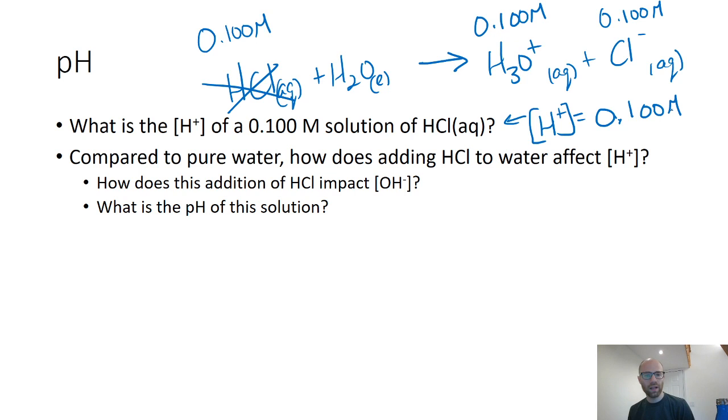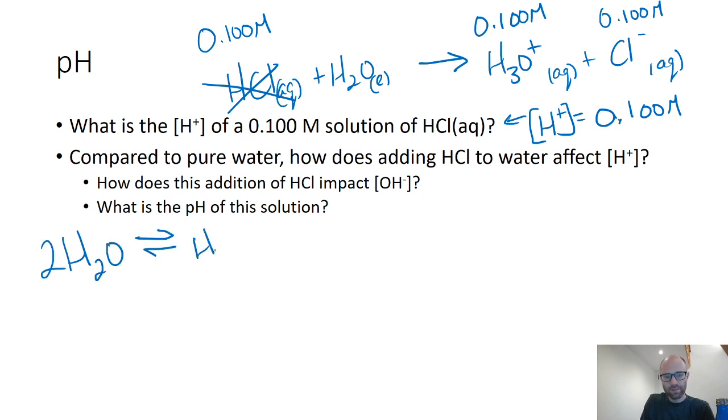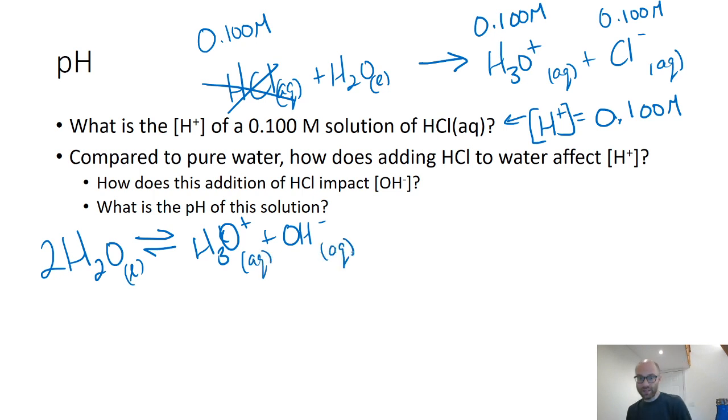Compared to pure water, how does adding HCl to water affect the H plus concentration? Well, don't forget, we had this reaction already that takes place. I can write the phases in. In this reaction, equilibrium already exists. That's what water does.